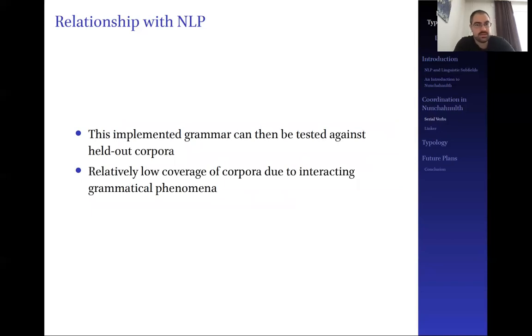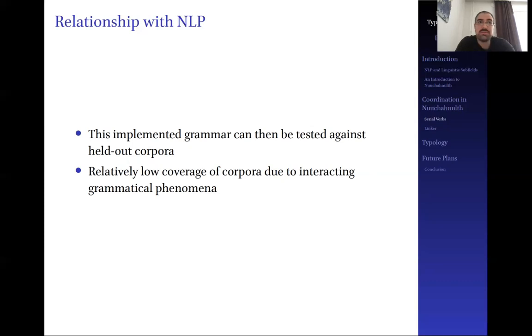And then finally, the implemented grammar was tested against held out corpora, as is typical in NLP. I had relatively low coverage of the corpora due to interacting grammatical phenomena. So remember, this is a rule-governed grammar, so the only sentences it can parse are sentences that have described constructions in my grammar.